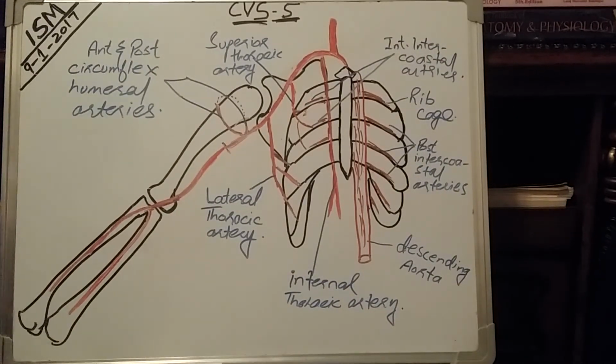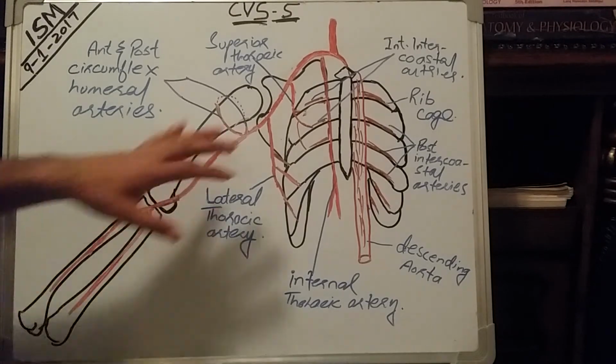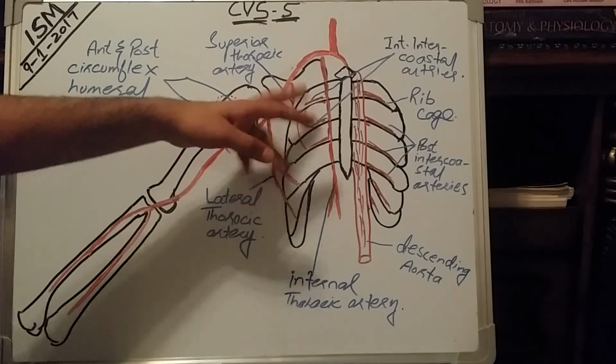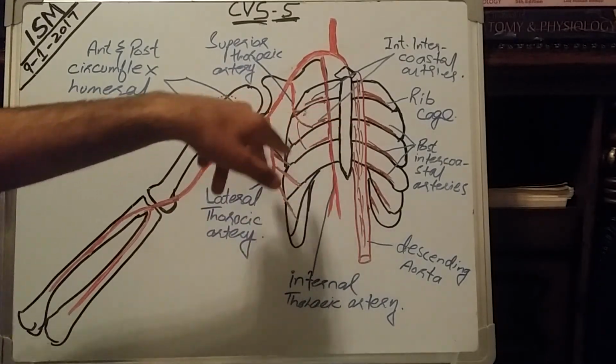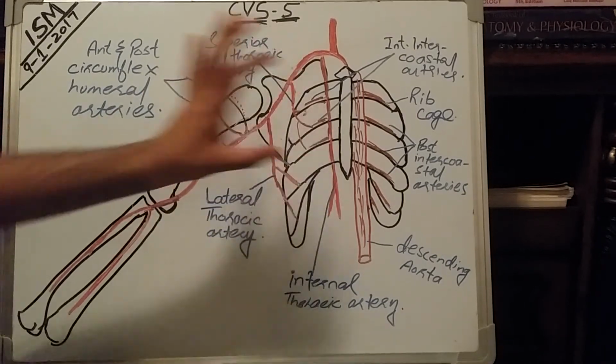Intercostal means between the ribs. They provide blood supply to the muscles between the two ribs and also to the bone of the ribs.